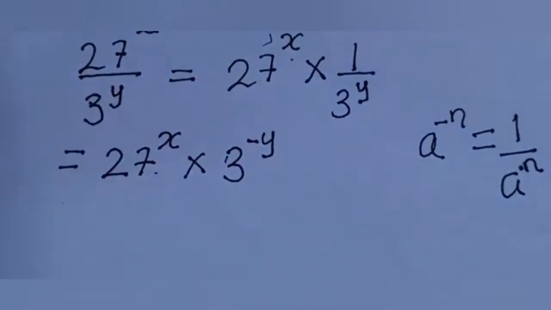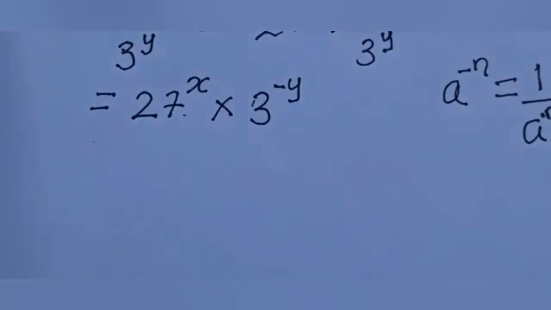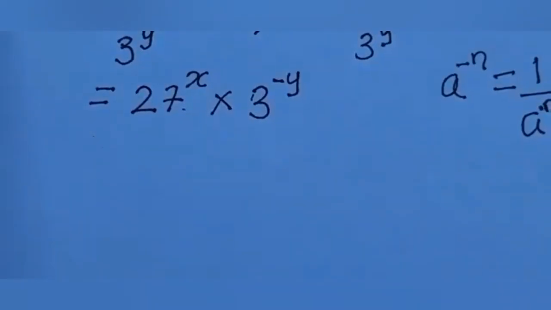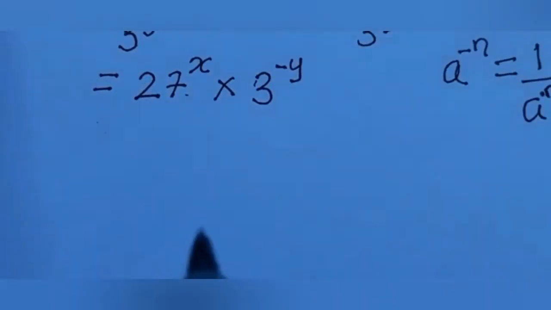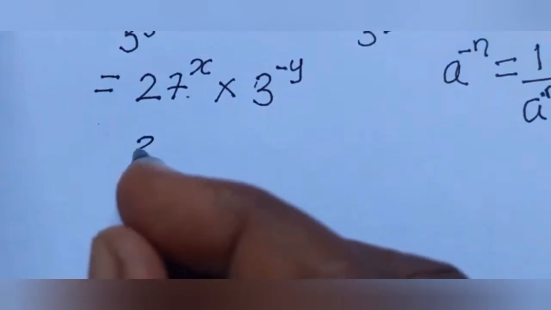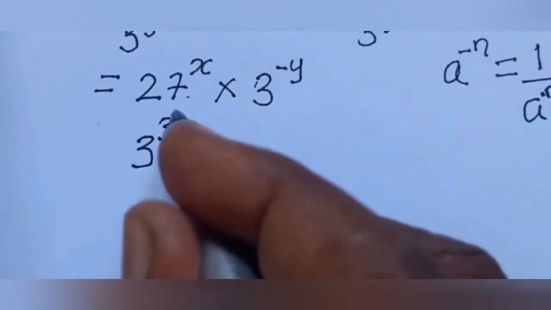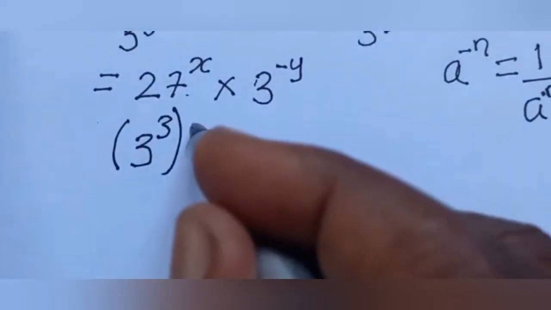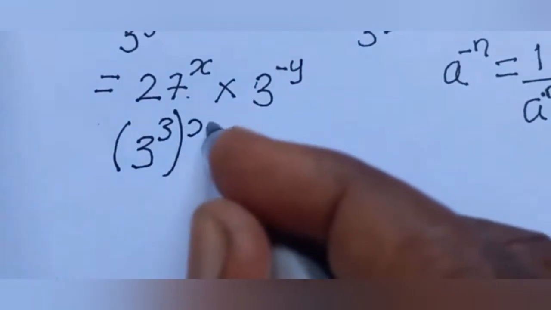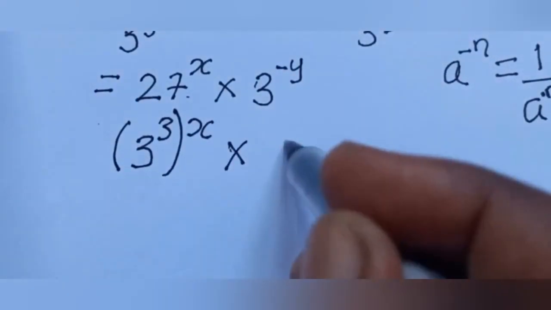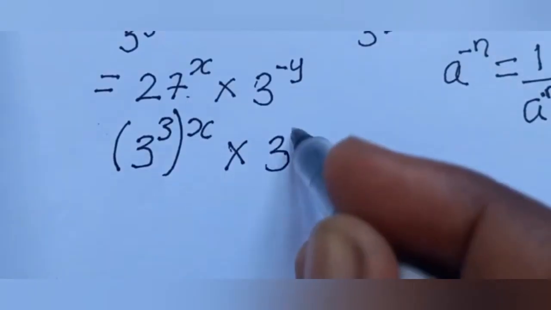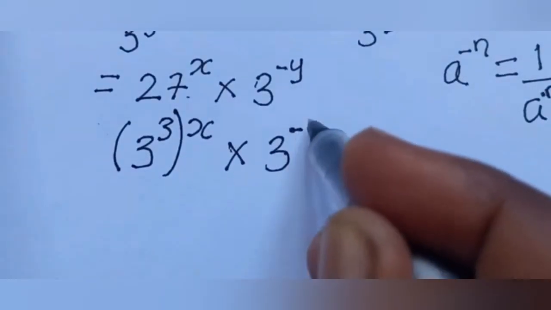So we can proceed as follows. We know 27 is 3 raised to power 3. So instead of writing 27, we write 3 raised to power 3 in the bracket raised to x times 3 raised to power negative y.